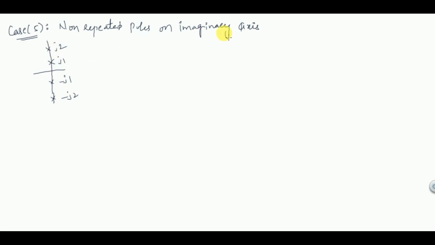Then the system is marginally stable. Just remember this: non-repeated poles on the imaginary axis, the system is said to be marginally stable.